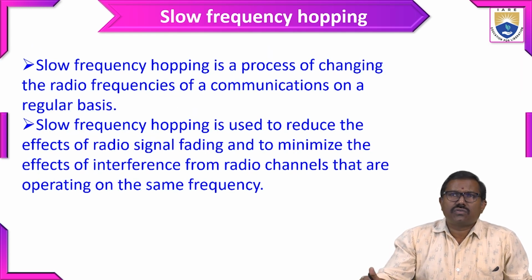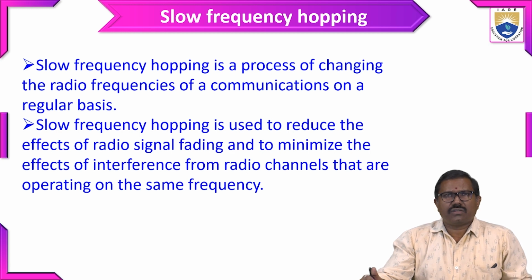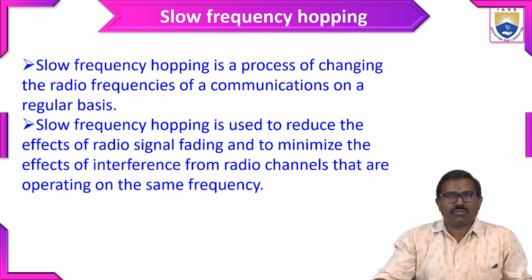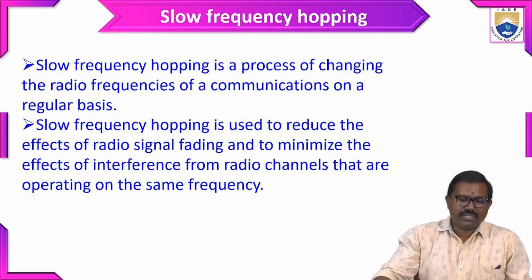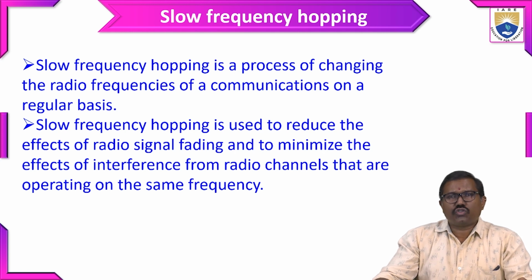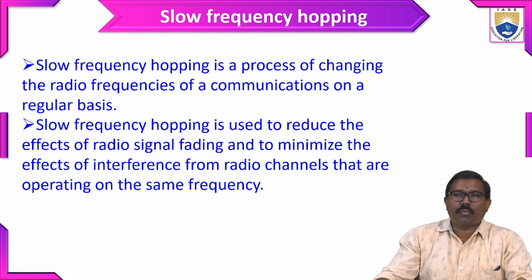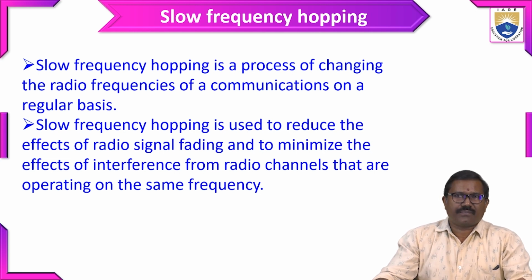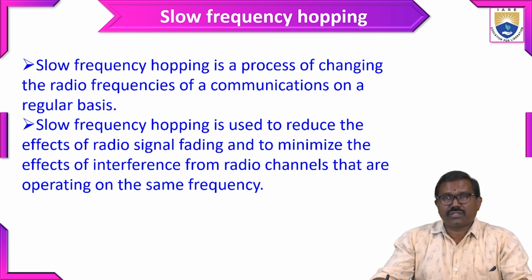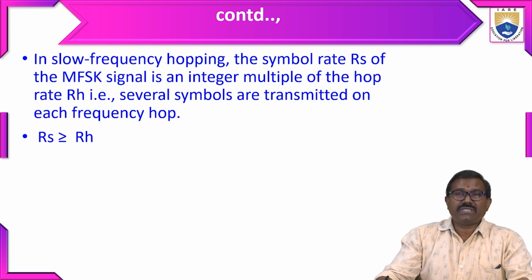Now, slow frequency hopping. Slow frequency hopping is a process of changing the radio frequencies of a communication on a regular basis. Slow frequency hopping is used to reduce the effects of signal fading and to minimize the effects of interference from radio channels that are operating on the same frequency. Here we are going to see how slow frequency hopping is done, and what the symbol rate is.